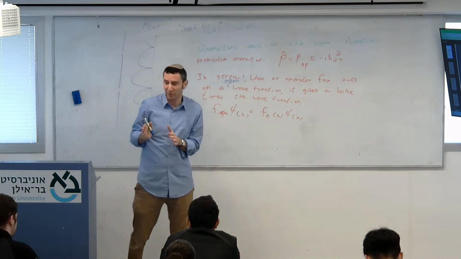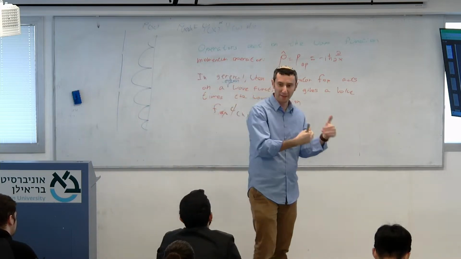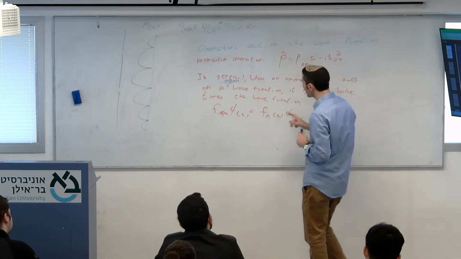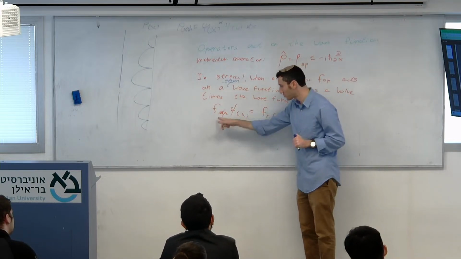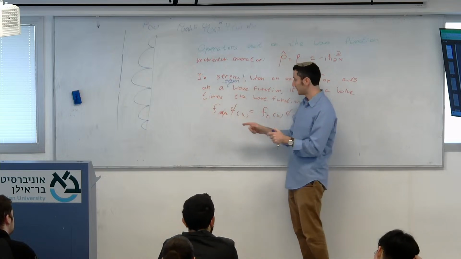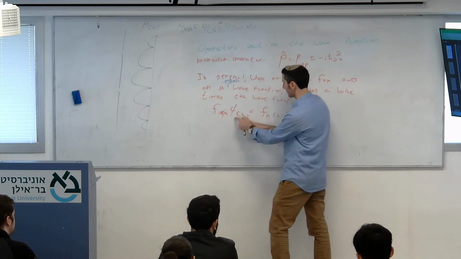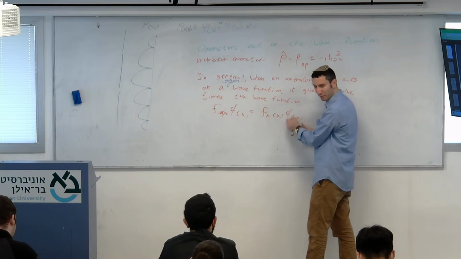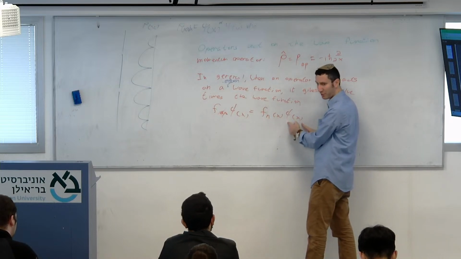Meaning, in general, if an operator acts on something, it can change the wave function. It can do lots of things. But there's a special set of functions for each operator that if f op acts on psi, I get a certain number times the same wave function. It's not going to happen every time.